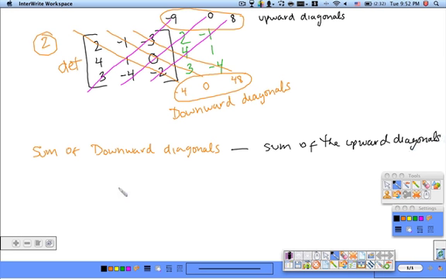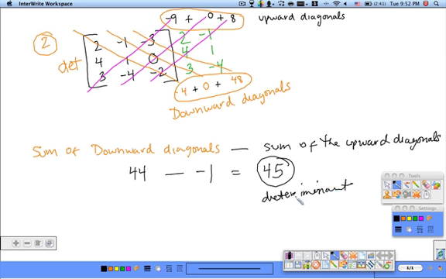Okay, so let's do the sum of the downward. Downward right here, we're going to add all these together, which make 44, minus the sum of the upward, negative 9 plus 0 plus 8 becomes negative 1. Lastly, add these up. 45 is our determinant.